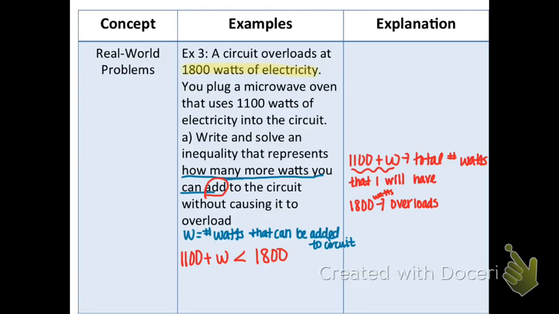Then all I need to do is solve. I subtract 1100 from both sides using the subtraction property of inequalities, and I get that W must be less than 700. If W is 700, then I actually overload. That's why it must be less than 700.